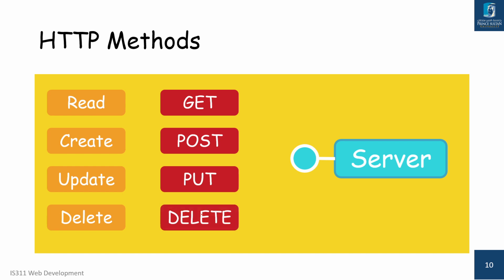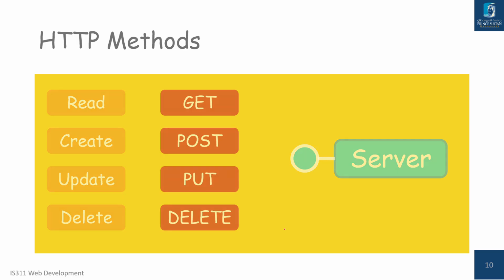There are some other HTTP methods in the protocol, but they are not related to these CRUD operations: create, read, update, and delete. Of course they exist, and maybe in some other course or place we can discuss them when we talk about HTTP methods in detail.